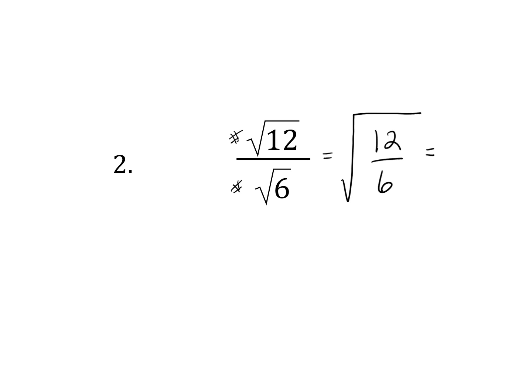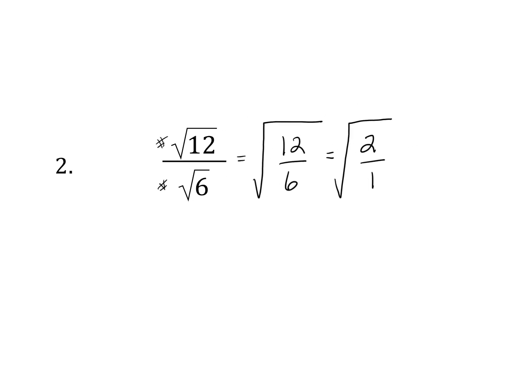So we have the square root of 12 divided by 6, which is 2 over 1. This ends up being the square root of 2, because the square root of 1 is the same as 1. Let me back up a little bit.